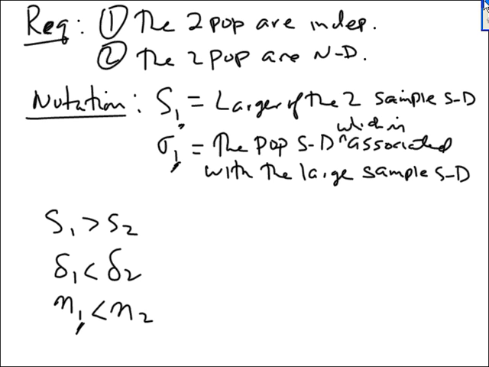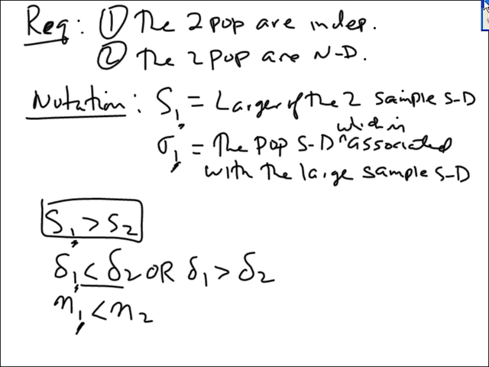The one with the larger standard deviation gets the subscript 1. But it might be that sigma 1 is smaller than sigma 2, or bigger than sigma 2, or equal. It might be that n1 is smaller than n2, or bigger than n2, or they're equal.